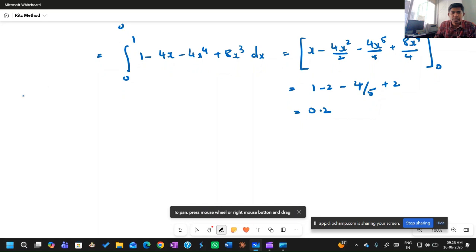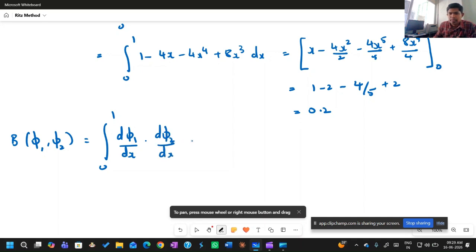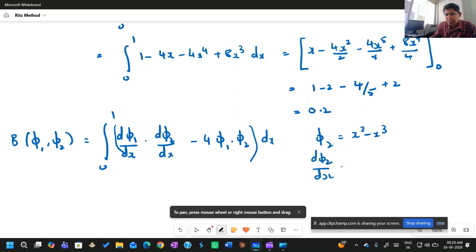Okay, so let us evaluate bilinear function of pi1 comma pi2. So that is nothing but 0 to 1 d pi1 by dx dot d pi2 by dx minus 4 pi1 pi2. Okay, so we know that pi2 is equal to x square minus x cube, and d pi2 by dx is equal to 2x minus 3x square.